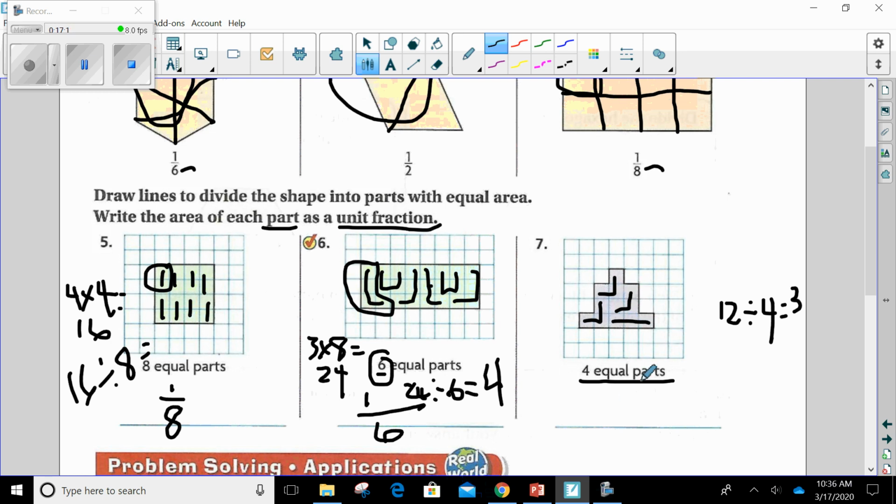How many equal parts do we have? We have 1, 2, 3, 4 equal parts. Okay, so what is one of these parts called? It's the unit fraction. There's 1 out of 4. 1, 4.